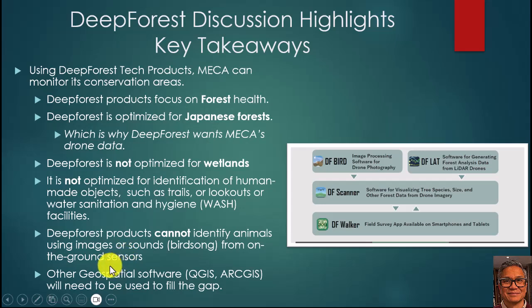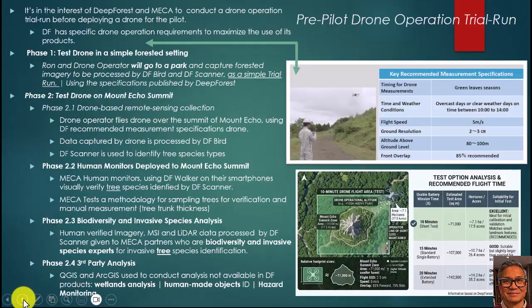And in order to fill that gap, other geospatial software, such as QGIS and ArcGIS, will need to be used to fill the gap that the DeepForest products cannot fill, but that is still a requirement for MECA's conservation, biodiversity and invasive species monitoring.